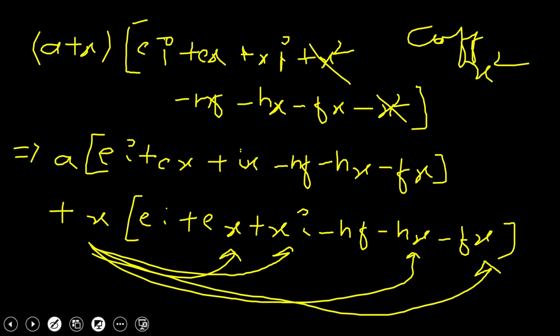Similarly, there are two more elements left, and you have to solve like this. You will come to a conclusion that every coefficient of x square will become 0, and we are left with this one.